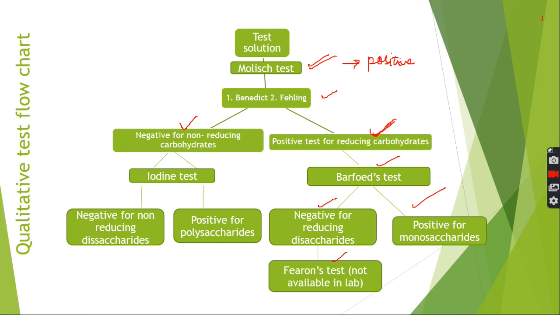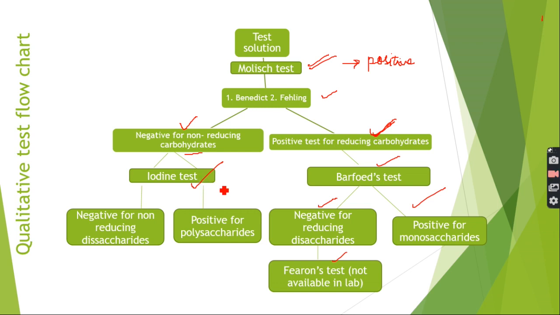However, if you get a negative test for Benedict's and Fehling's, so what will you do over there? That means there is presence of a non-reducing carbohydrate. Non-reducing carbohydrate, if you can recall, it is some disaccharides and all polysaccharides. So next what we are going to do is the iodine test.